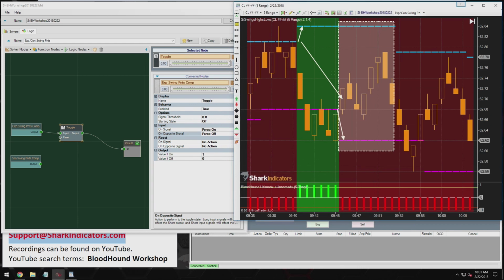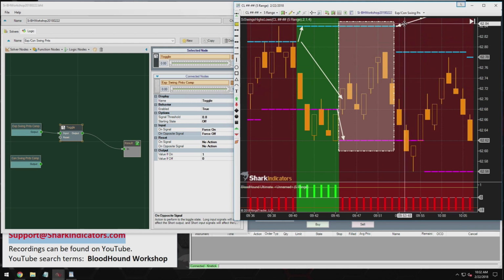All right, so my rectangle now, I've circled the bars where the swing highs and swing lows have expanded, and you'll notice that right here the swing high actually contracted. The swing high went lower, so it went into a contraction. So essentially our expansion ends right here where the rectangle is.